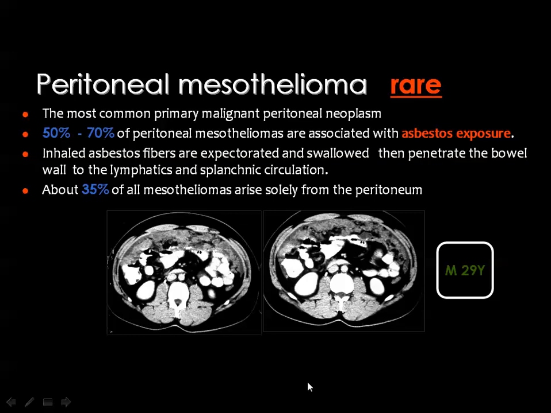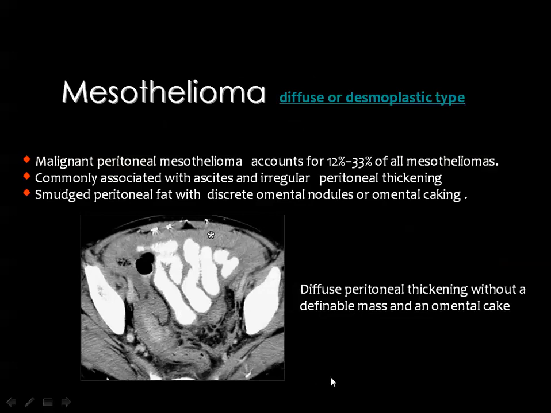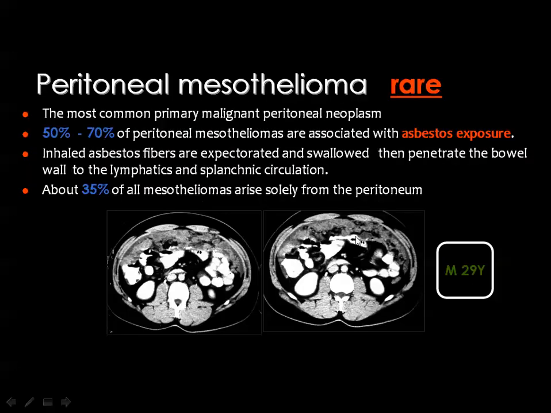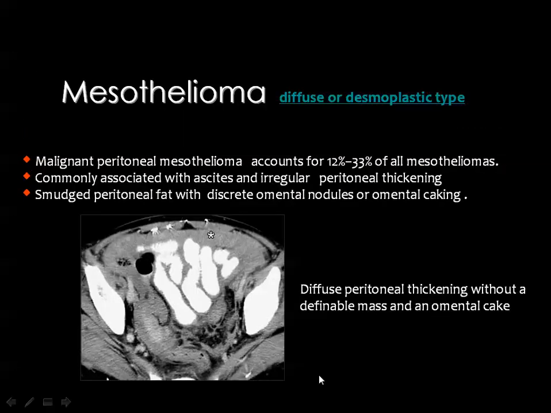But in many cases, there is no known primary, and you have to biopsy these masses in order to know the exact nature. And mesothelioma may appear as I have shown in this case, and may also be of the diffuse, or what's known as the desmoplastic type.